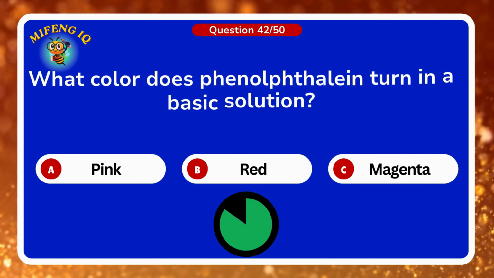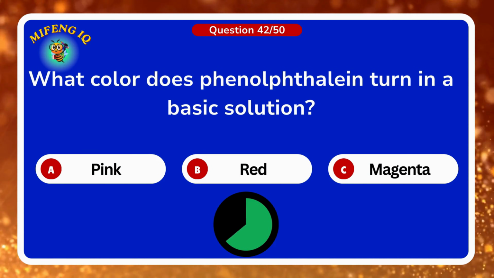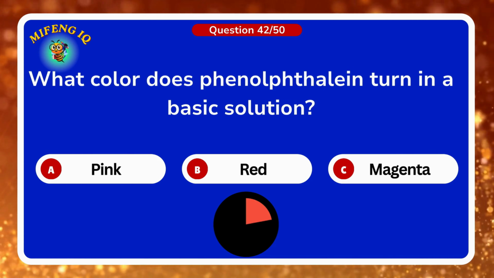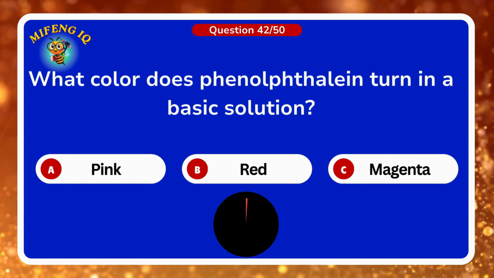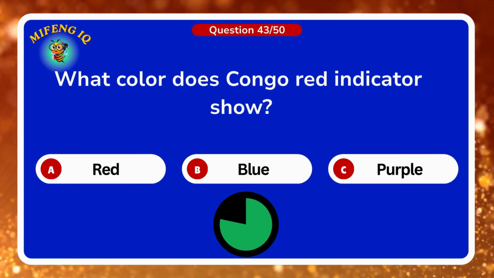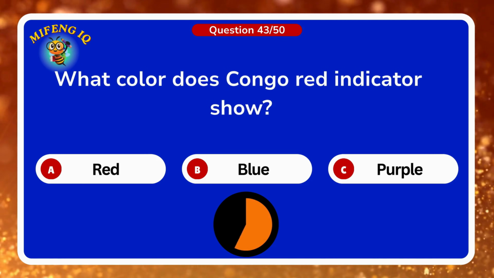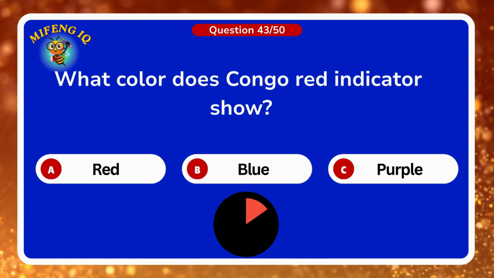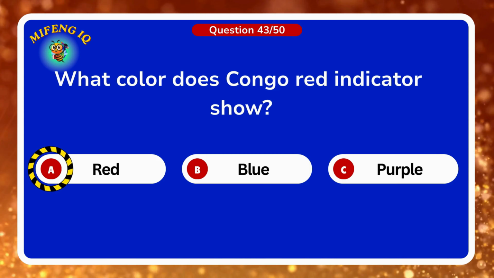What color does phenolphthalein turn in a basic solution? Pink. What color does a Congo red indicator show? Red.